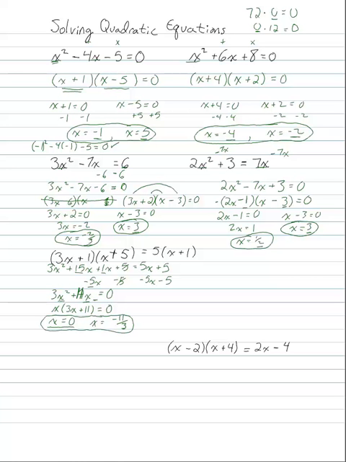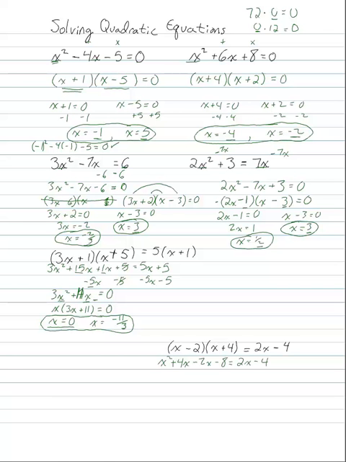So last one, x minus 2, x plus 4 equals 2x minus 4. So I'm going to do the same thing. I'm going to go ahead and get out of parentheses first. So I'll FOIL. So x squared, let's see, outer plus 4x minus 2x minus 8 equals 2x minus 4.